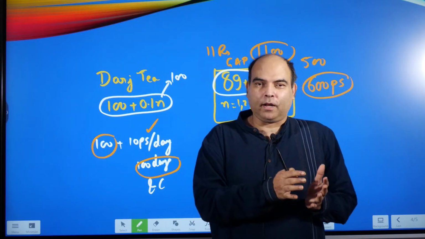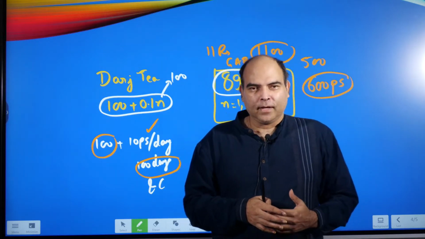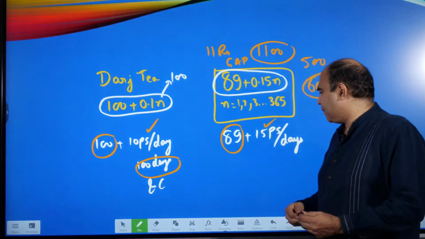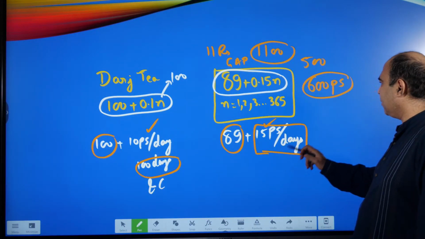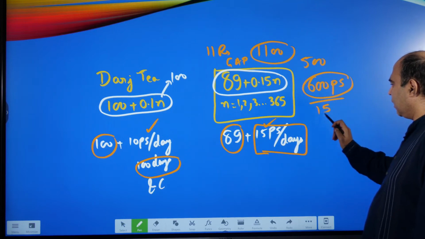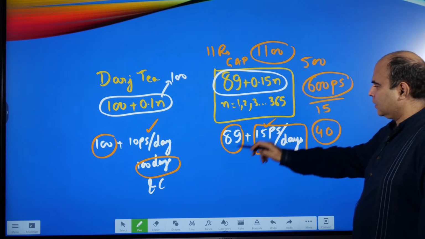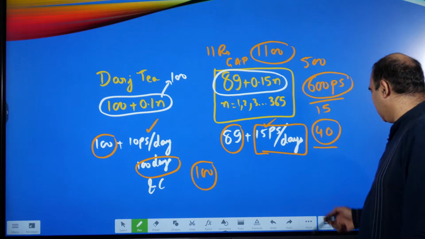The rabbit has stopped running. The tortoise is now continuing to run at 15 paise per day, and it has to cover a distance of 600 paise. So at the rate of coverage of gap being 15 paise per day, 600 paise coverage will happen in 40 days, and hence 100 days followed by 40 more days gives you 140.